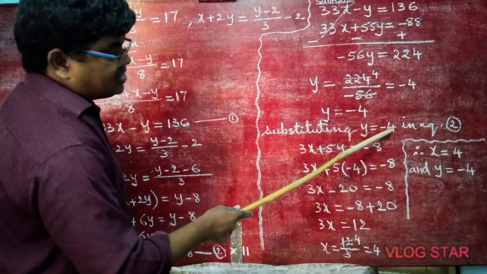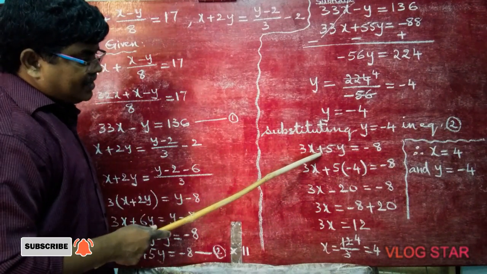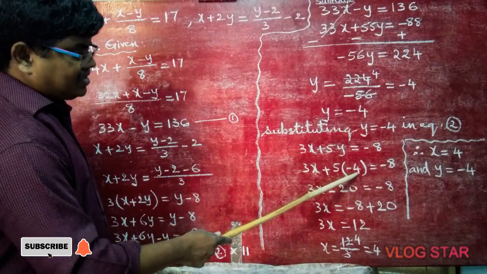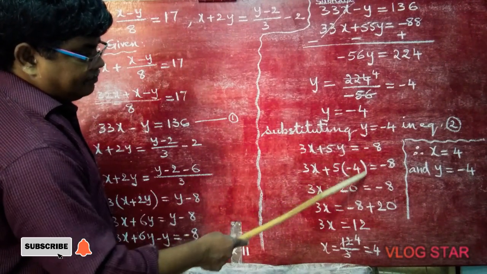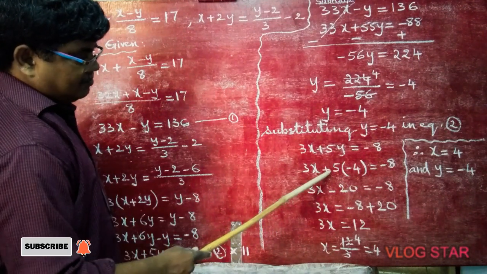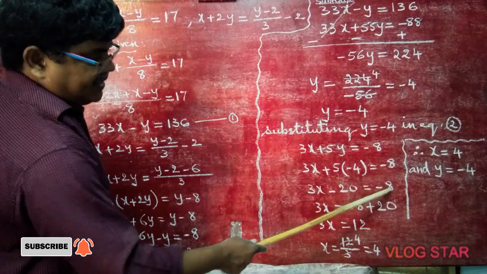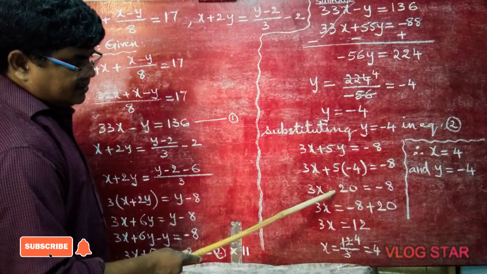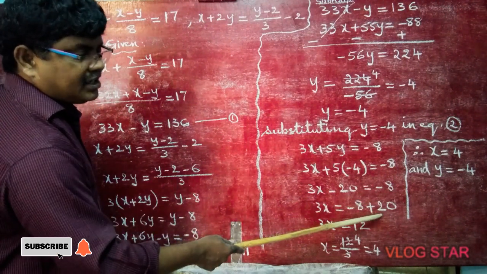Substituting y is equal to minus 4 in equation 2. Equation 2 is simple: 3x plus 5y is equal to minus 8. In the place of y you write minus 4. 3x plus 5 into (minus 4), bracket because minus is there, is equal to minus 8. 3x plus into minus is minus, 5 4s are 20, is equal to minus 8. 3x is equal to minus 8, you write first, and you are taking minus 20 from the left side to the right side, plus 20.